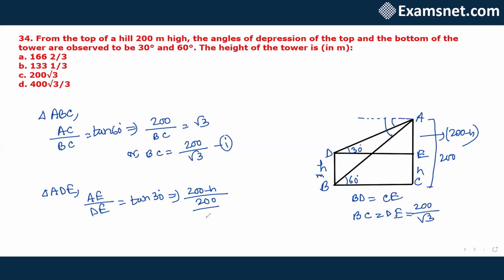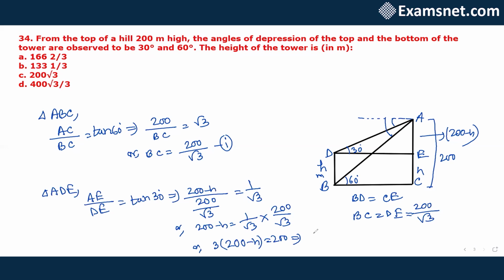So tan 30° equals 1 by √3, right? Let's continue with the calculation. 200 minus h by 200 by √3 equals 1 by √3. Both the √3 multiplied by √3 give us 3. So it becomes 200 minus h equals 200 by 3.